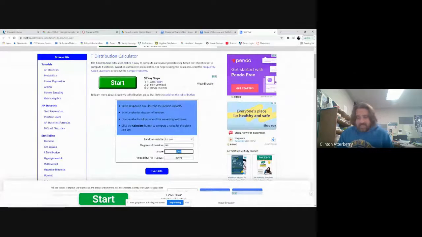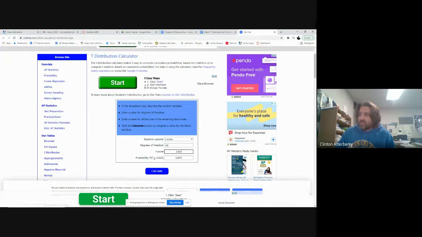So how did I do that? Once again, you have to have your degree of freedom, sample size minus 1. Sample size of 150, so 149. And find the t-score. The random variable you're given is a t-score, right? So the t-score you have, 2.825, that was what was given in your problem.